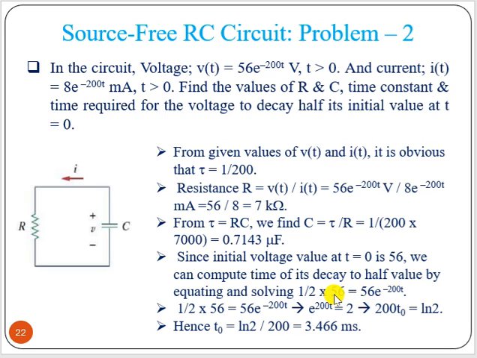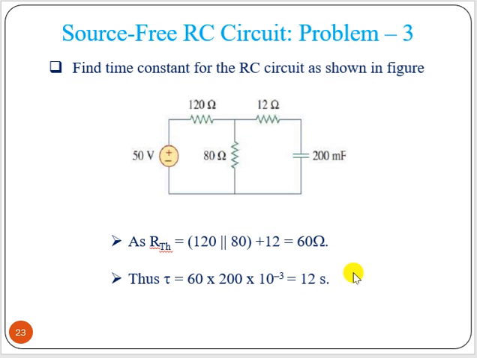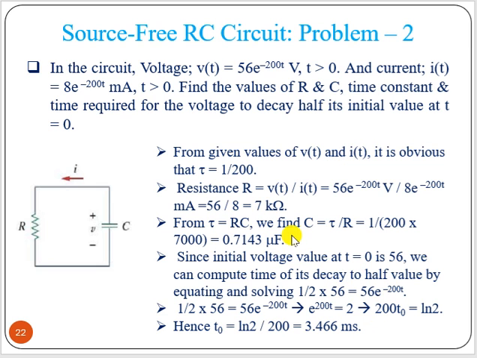So if you solve this to find t0, t0 is 3.466 millisecond. Then we can take e to the power 200t0, that will be 2. Then you can find 200 t0 equal to ln of 2, so t0 you can find out, when the initial voltage becomes half. So this is the problem where, knowing the values of V and I, you can find the values of R and C and the time to reach half value, one-fourth value, whatever.